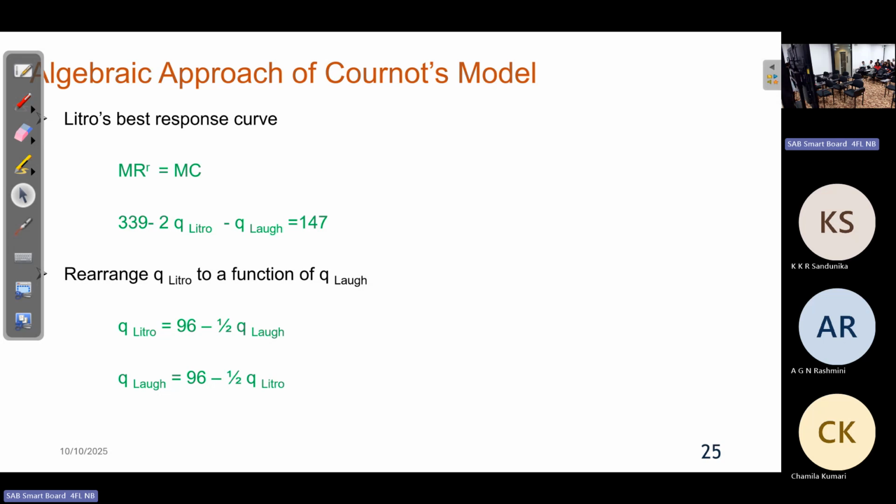Then Q2 equals 96 minus half Q1, which is 96 minus half of 64. Q2 is also 64. When both firms reach quantities of 64 and 64, they come to the equilibrium.